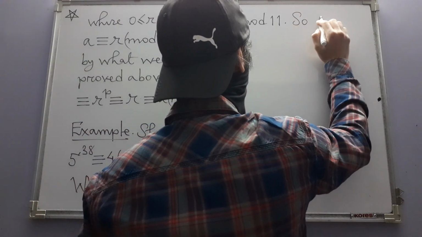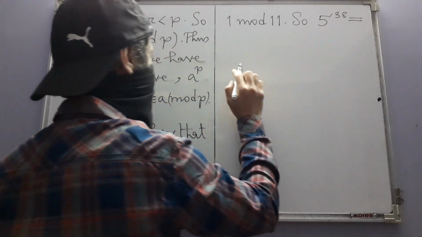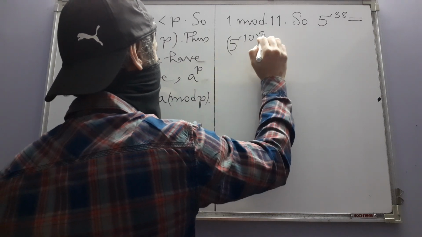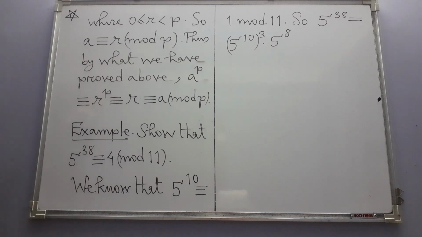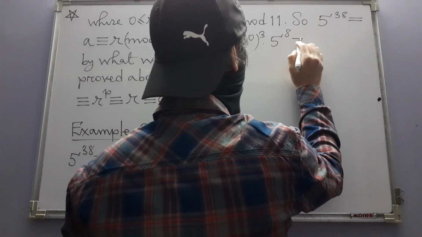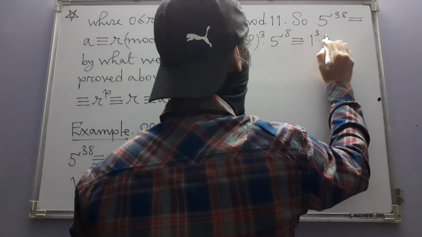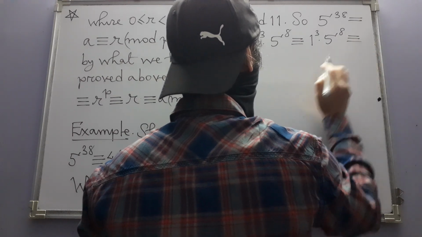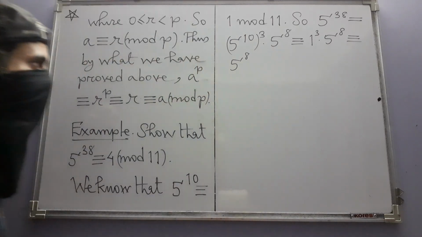So 5 to the power 38, first of all, this is 5 to the power 10 cubed times 5 to the power 8. 30 plus 8 is 38. So this is congruent to 1 cubed times 5 to the power 8. That means we now have 5 to the power 8.